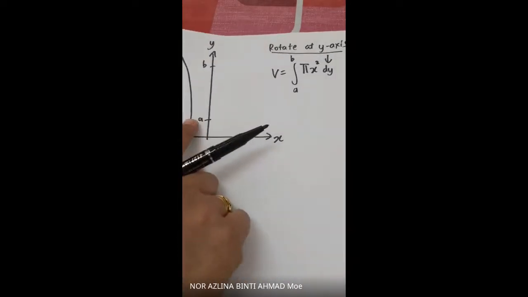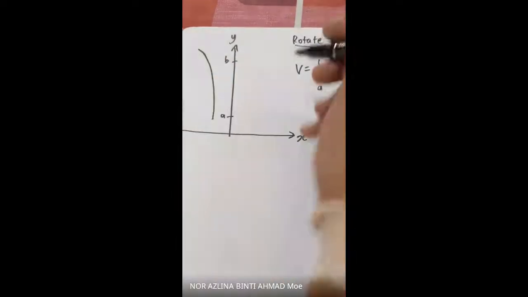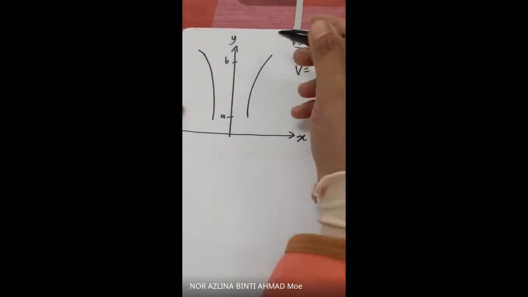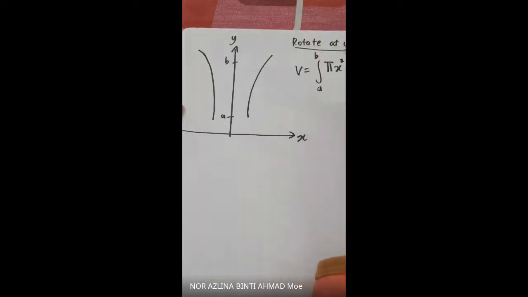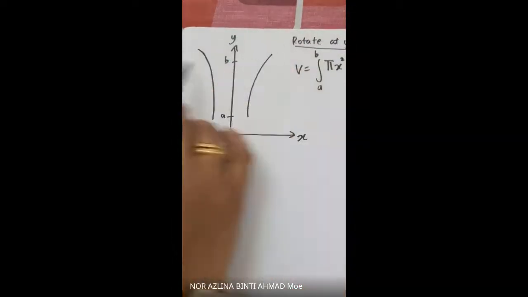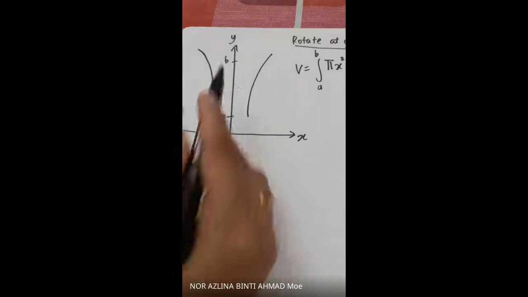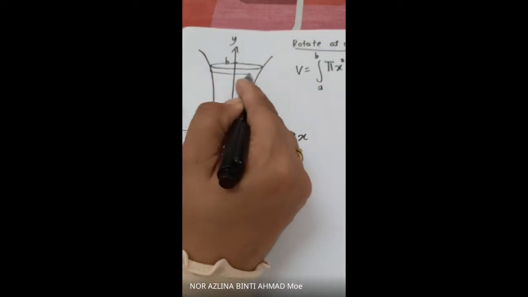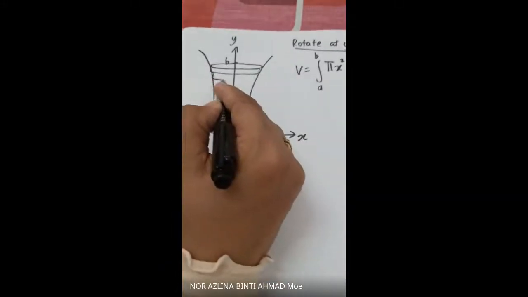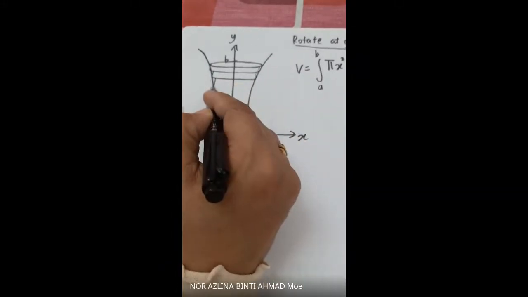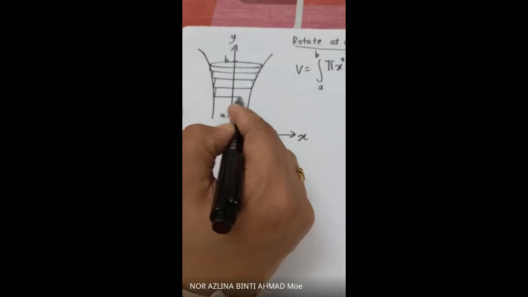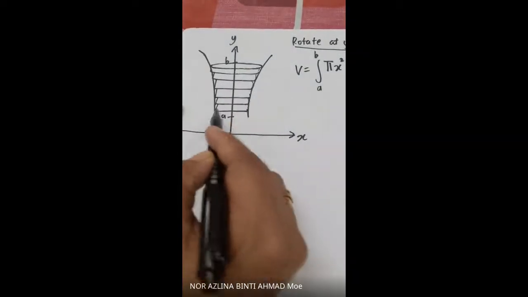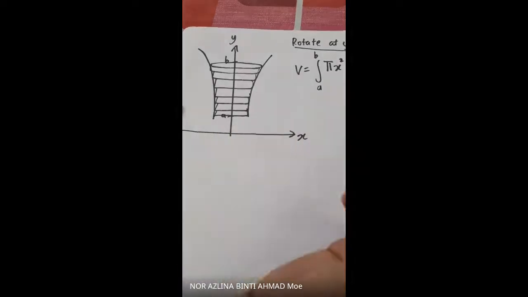When we rotate this curve, it has right hand side, the same shape, and when rotate, become a cylinder. This is also cylinder. We don't know how many cylinder.